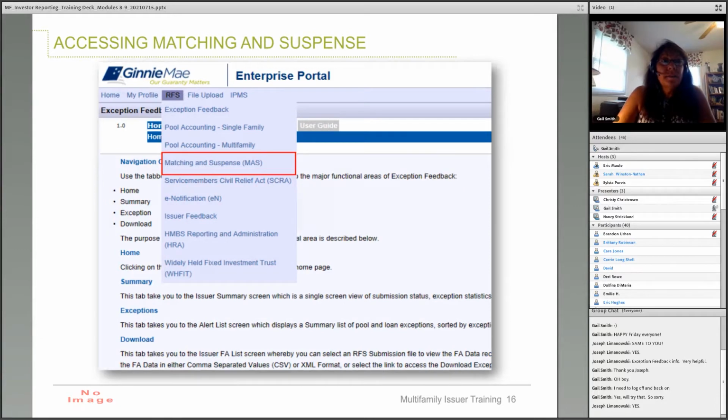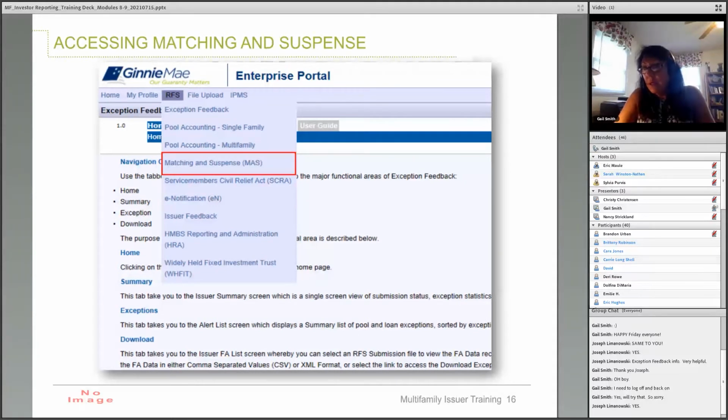To access your matching and suspense, you go into the reporting and feedback system through the My Ginnie Mae portal, and you would select in the RFS drop-down menu matching and suspense, highlighted in the red box. If you use a subservicer, do they do your suspense work for you?